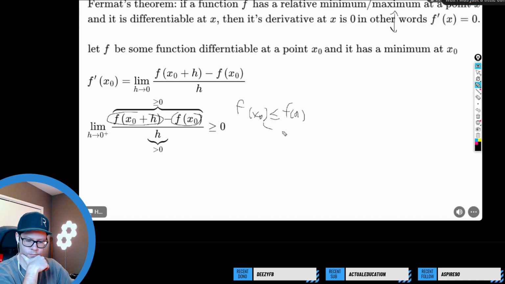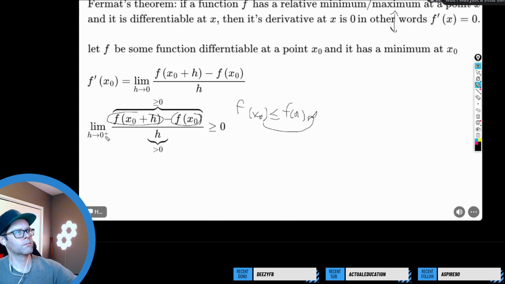So if you just put it in here, we get that this is greater or equal to 0. And because we're taking the derivative from the right, we know that h will also be positive.